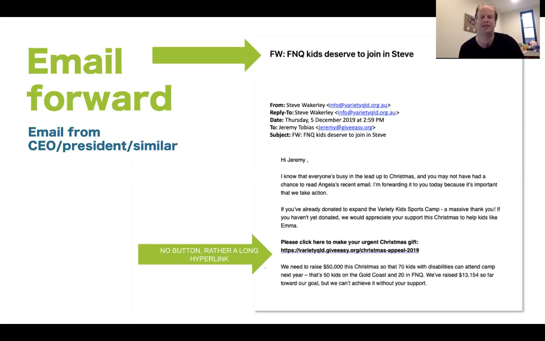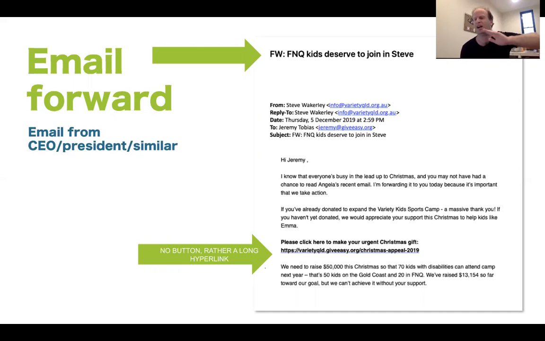So forwards are where you've sent out your initial email and you forward it. Probably some of you signed up to this webinar from a forward from me. It comes from an individual within your organization. Here's the trick. You can do it in MailChimp and Campaign Monitor or your email program. It comes from your CEO or a well-known person.